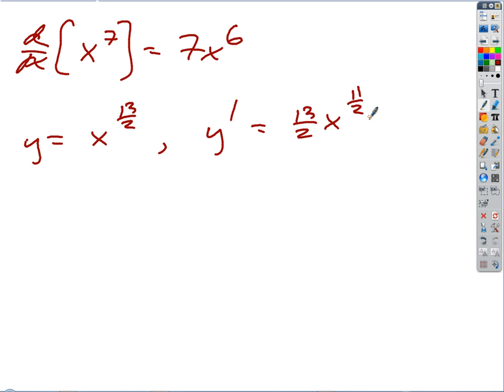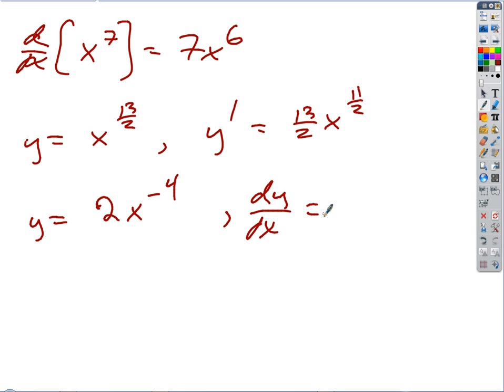What if I put a number out front? What if I have y equals 2x to the negative 4? What am I going to get? Good question.